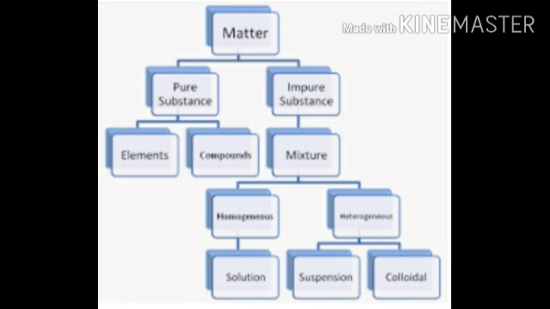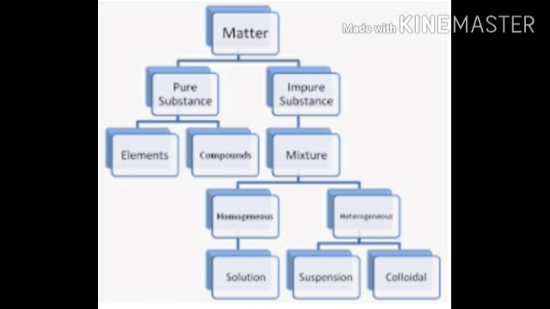Matter means the substance which is made up of the same kind of particles. Matter can be divided into two types: one is pure substance and the second is impure substance. Pure substance can be divided into elements and compounds. Elements are pure substances made up of the same kind of atoms, whereas compounds are pure substances made up of the same kind of molecule.